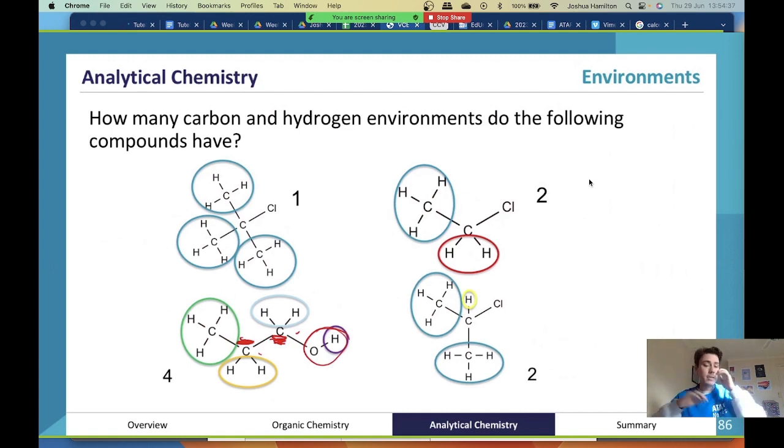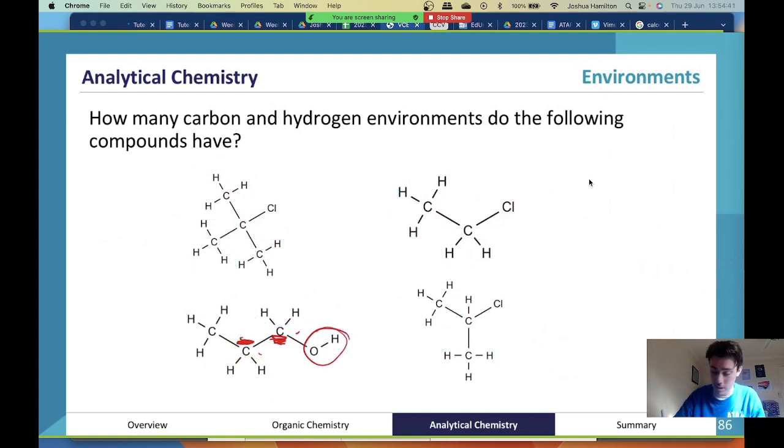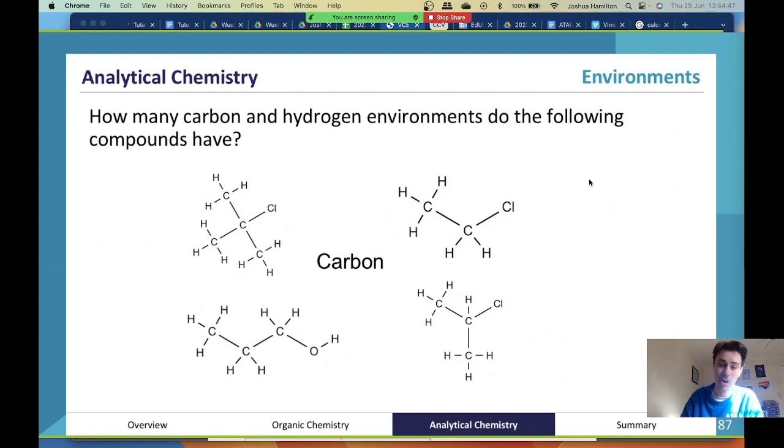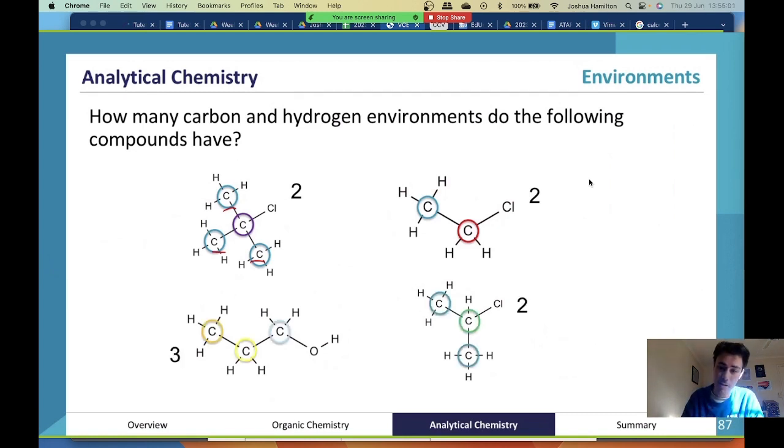Now, for carbons, it works similarly but a little bit differently. You look at the surrounding things that come off it again. If we go through carbons very quickly, carbons are less common. Carbon environments: you've got 2 carbon environments because each of these are the same, but then this one is different. This one here you will also have 2. This one here you will have 3 because there are 3 different environments, and then this one here you will have 2.